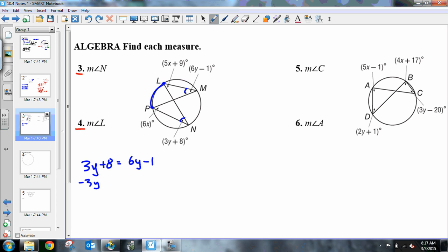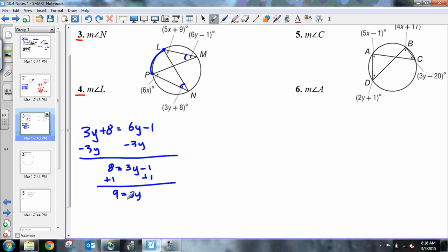If I subtract 3y from both sides, I end up getting 8 is equal to 3y minus 1. Add 1 to both sides, and I get that 9 is equal to 3y. I divide by 3 to solve for y, and I get that y is equal to 3.